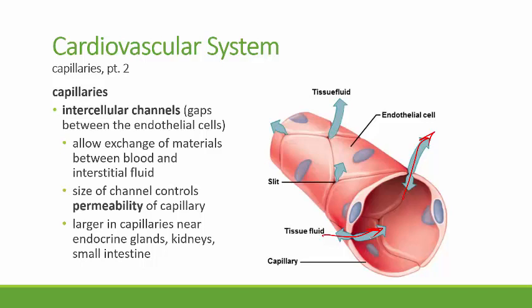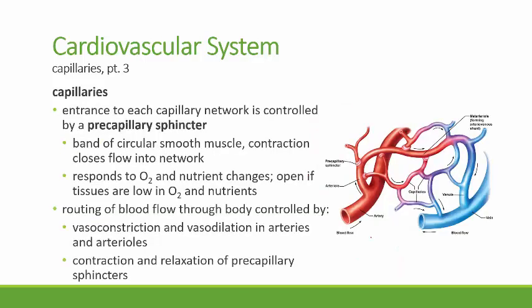And they're large at the kidneys where we're trying to squeeze out of our blood all the fluids so that we can then selectively call back into the blood the bits of the blood fluids that we want to keep in the body. So the size of the intercellular channel is what controls the permeability and the amount of exchange between the blood and the interstitial fluids.